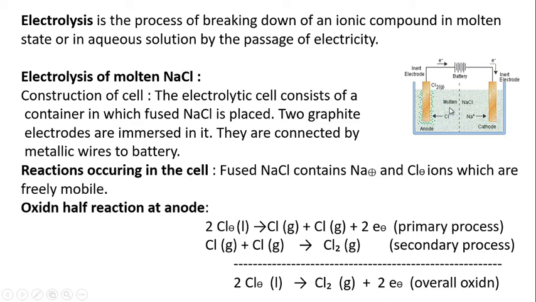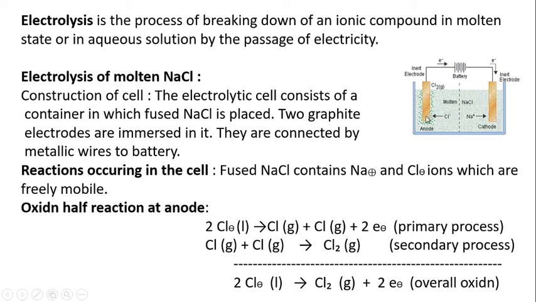When there is a supply of electric current in the solution, the reaction takes place and the molten NaCl dissociates into Na+ and Cl- ions.